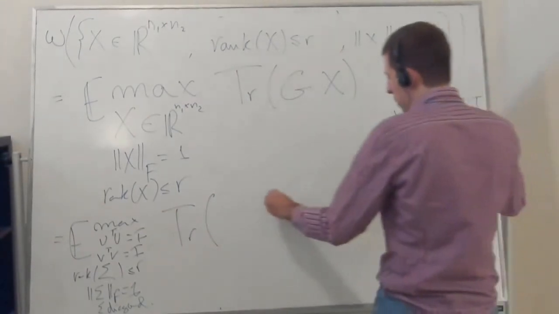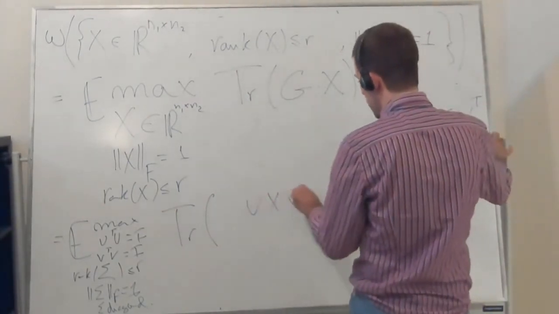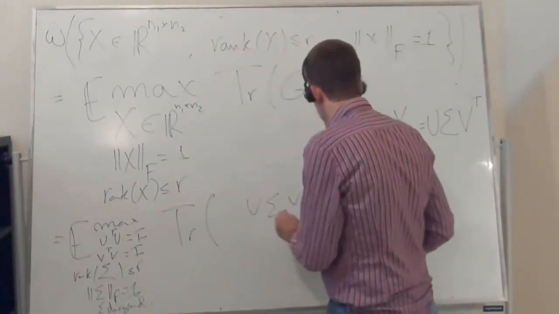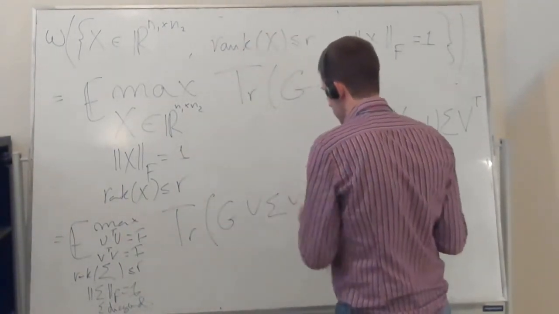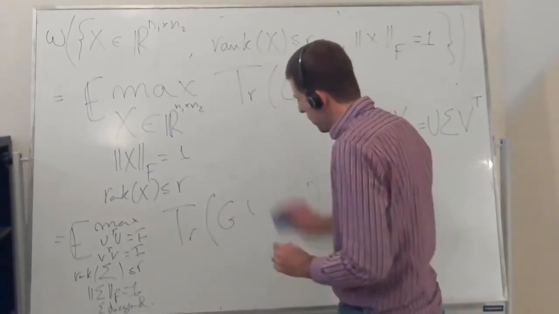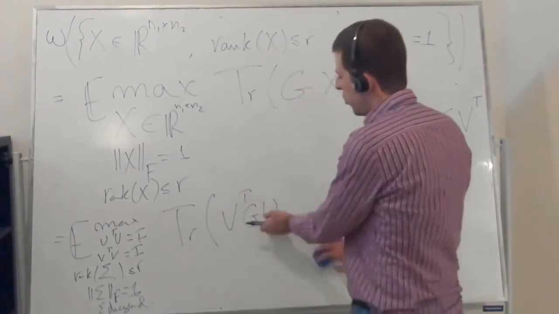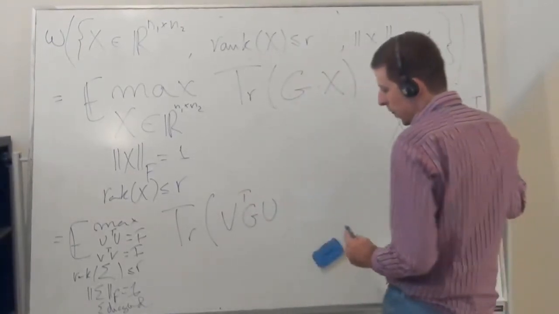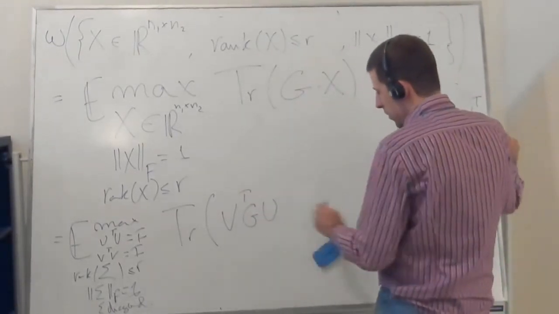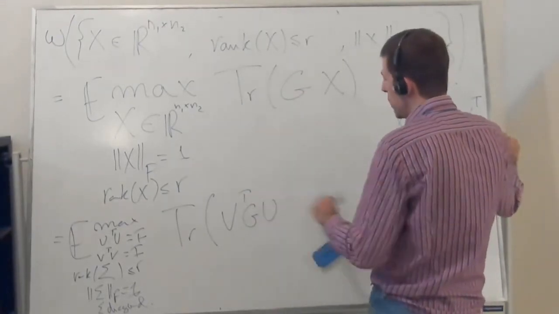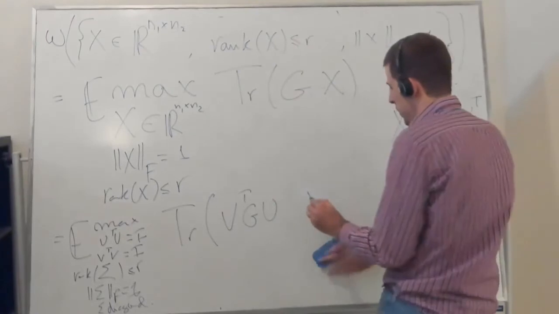And so we would have X equal U sigma V transpose, and we send the V to the other side. So let me instead write V transpose G U. This just rotates the image of G and the image of G transpose, sigma.